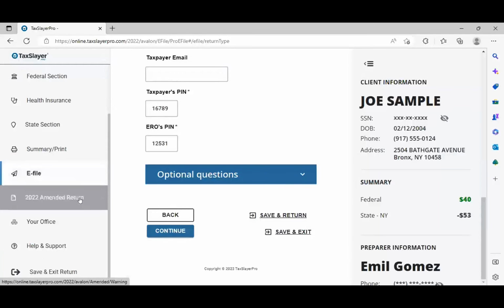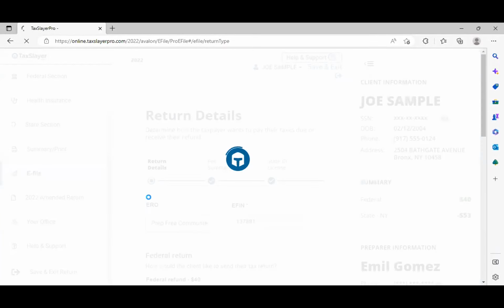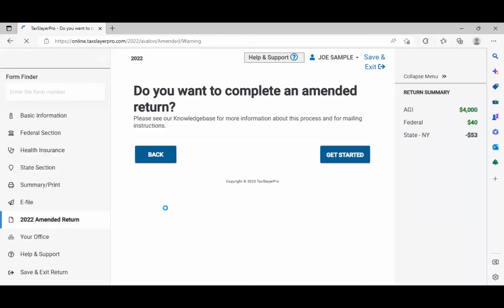As you can see, we can also amend a return here. So during the tax season, and I'm not going to tick it off here, somebody comes to us the first or second week and says, I really want my refund. Here's the information that I have for you. Prepare my return, and we prepare it.